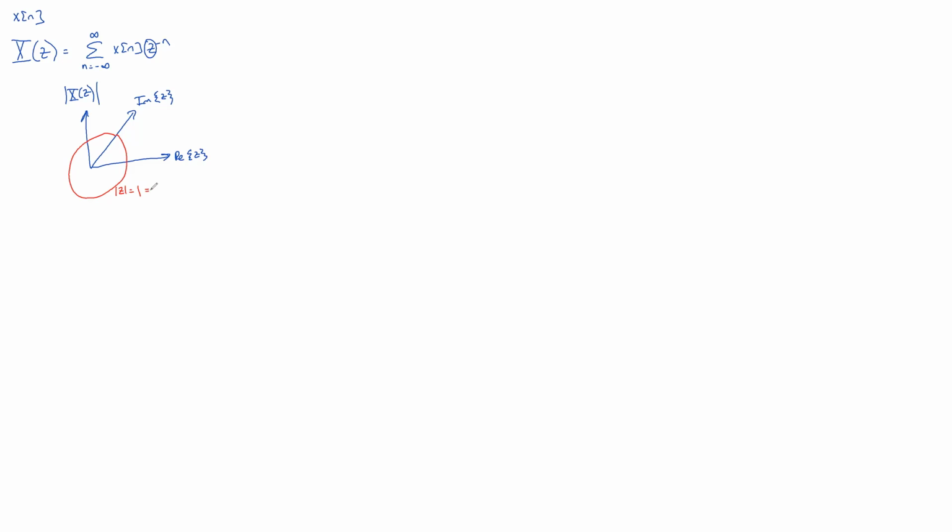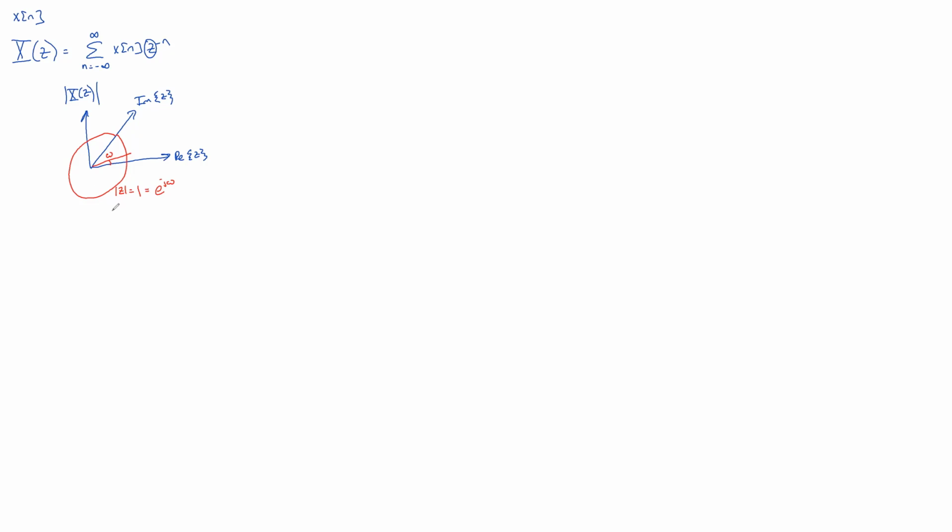And if we replace Z with e to the j omega, it's the same thing as this, where this angle here is omega, the angle it's making relative to the real axis. And so if we were to plot the height of x of Z around this line, we'd end up with a DTFT.